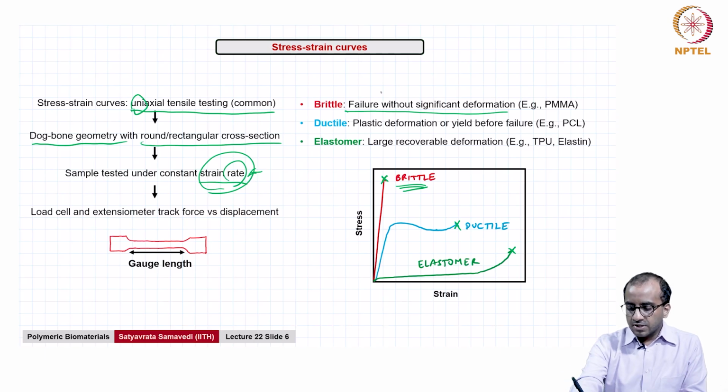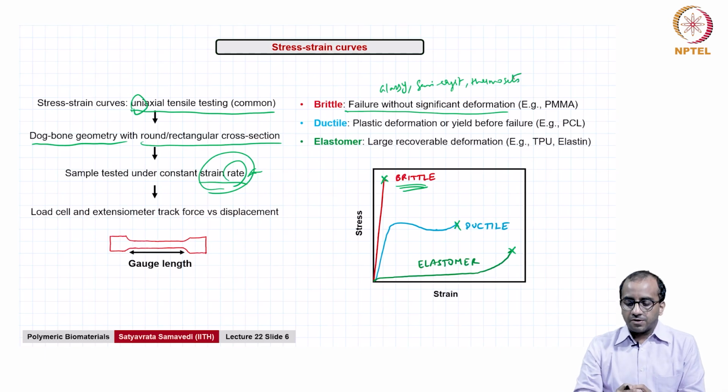These are typically associated with glassy amorphous polymers. You can have semicrystalline polymers also in some cases. You can also have thermosets that undergo this kind of behavior, essentially very high slope in the stress strain curve and also failing quickly without significant deformation.